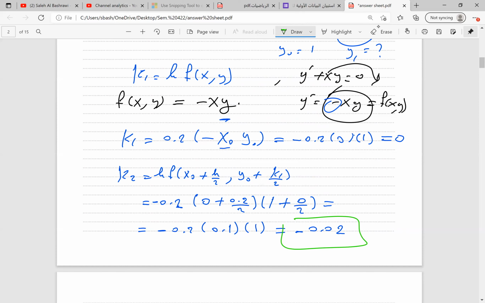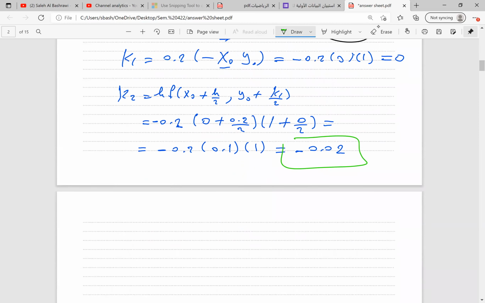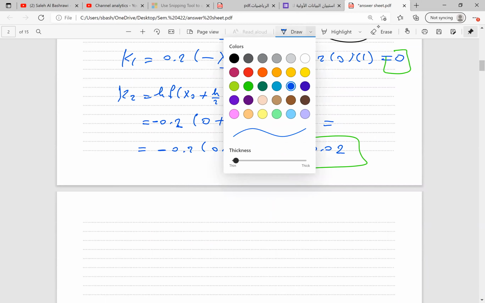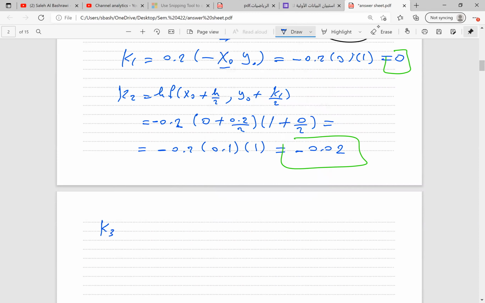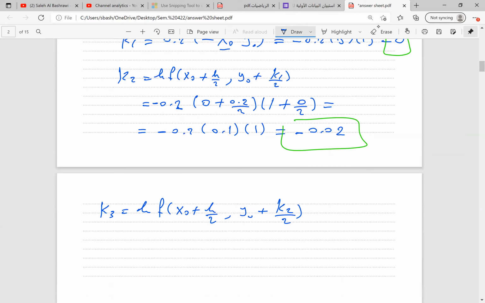Now let's find k3. k3 is h multiplied by f of x0 plus h divided by 2, y0 plus k2 divided by 2.